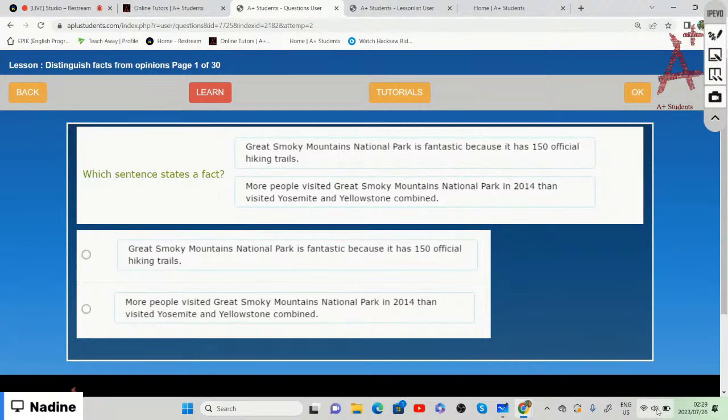So that sentence alone tells us that they did research, right? They did research on something, let's say on Great Smoky Mountains National Park, and then also made a comparison, right?